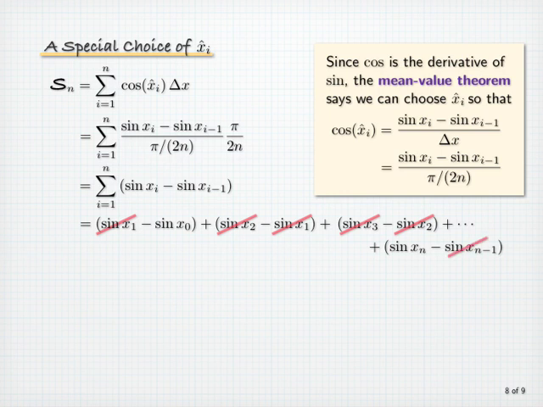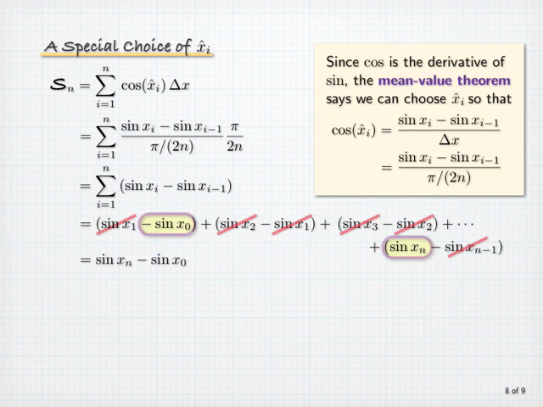So the only remaining terms are minus sine of x0 and sine of xn. A sum of this type is often called a telescoping sum. Notice that the only thing remaining after cancellation is a portion of the first term and a portion of the last term. So this very special Sn is equal to the sine of xn minus the sine of x0.